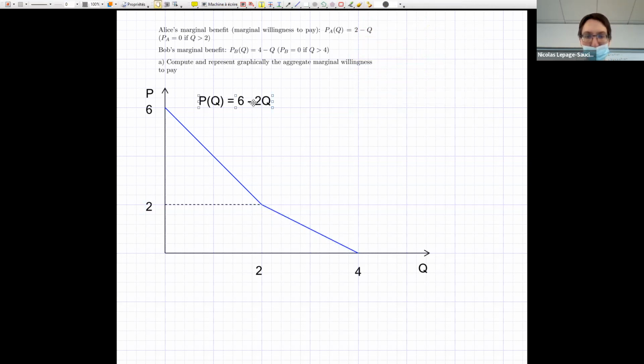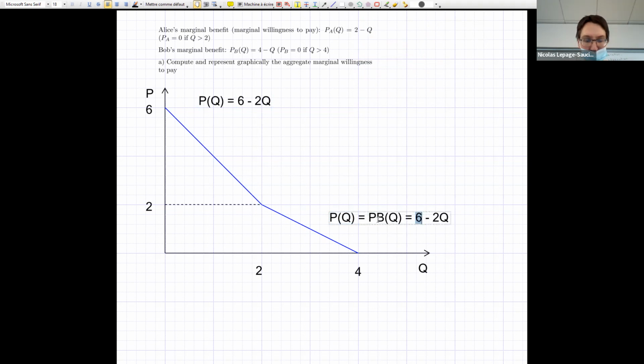And then here it will be equal to PB of Q. You can also write the formula, so that way I know you know what you're doing.